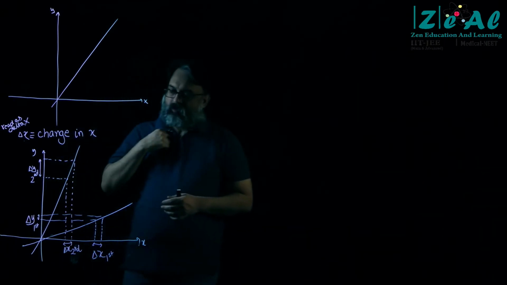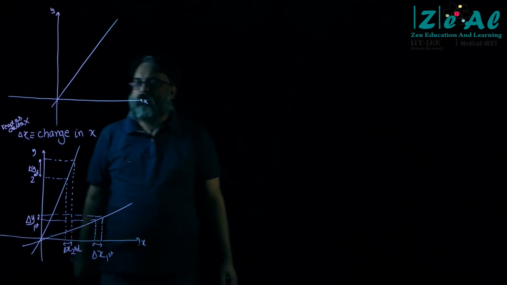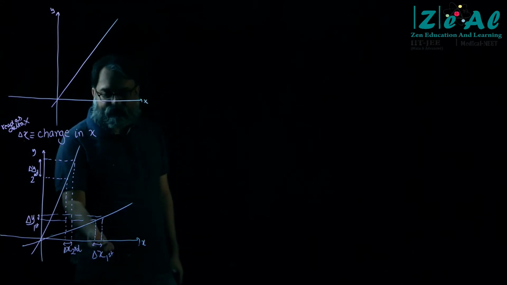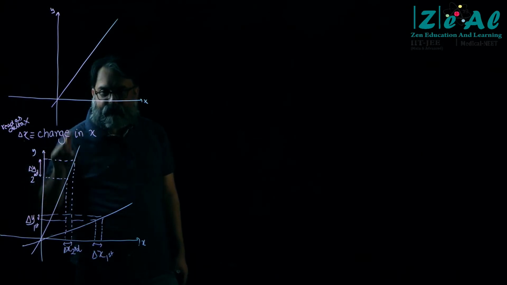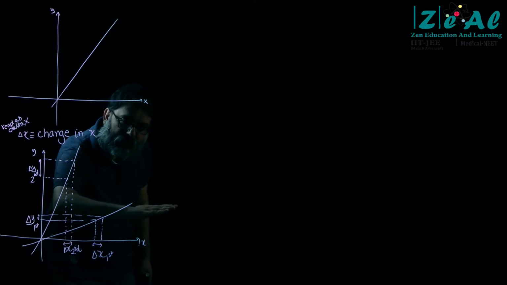So we want to measure, like I said in the last class, the slope of this graph. Please notice that for the same change in delta x, for the first graph delta y is small, for the second graph delta y is large. Therefore, for this graph delta y will be small for the same delta x.